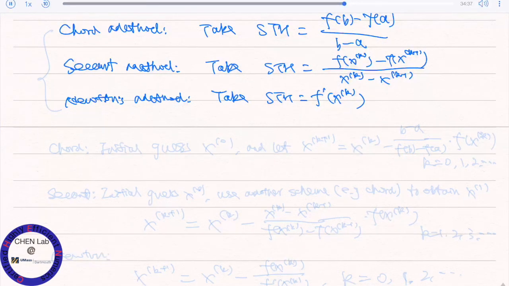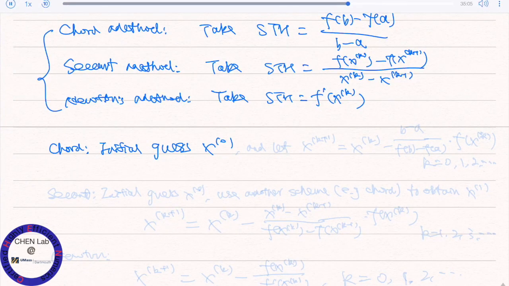You plug that something into this equation. Then you're done. What does that mean? That means for chord, you give me an initial guess x0.